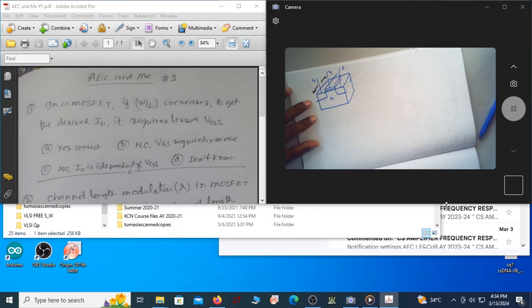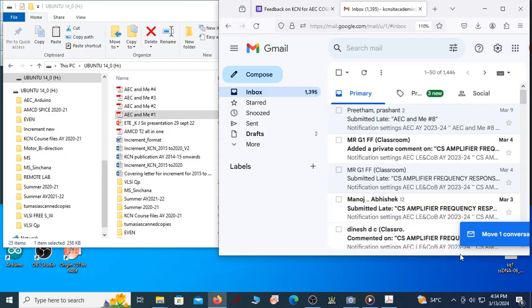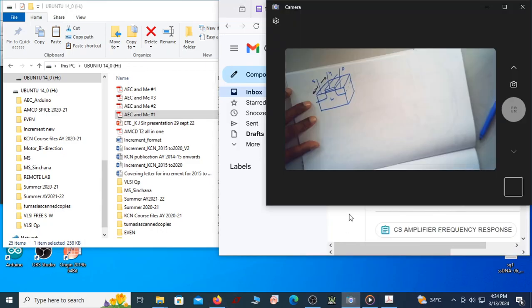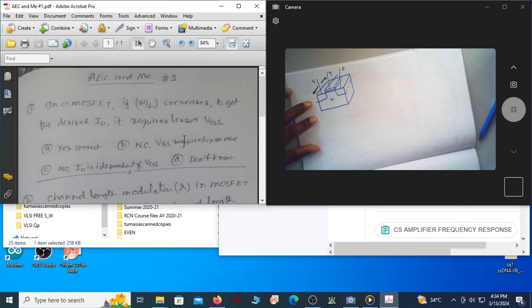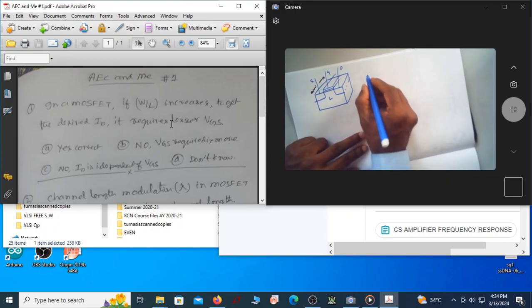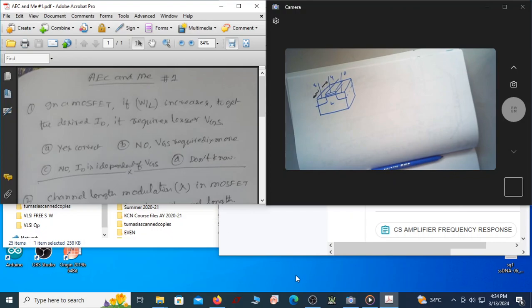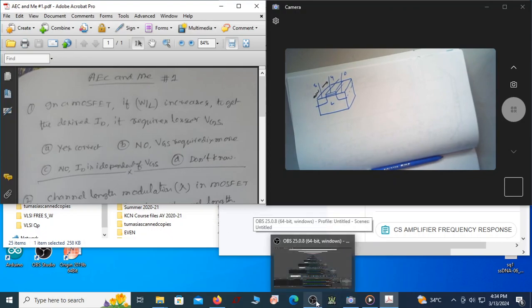We also know that it operates in three different regions, that is linear, cutoff and saturation. What is asked now is, in a MOSFET, if W by L increases, to get the desired current it requires lesser VGS. So let us write the expression for ID.